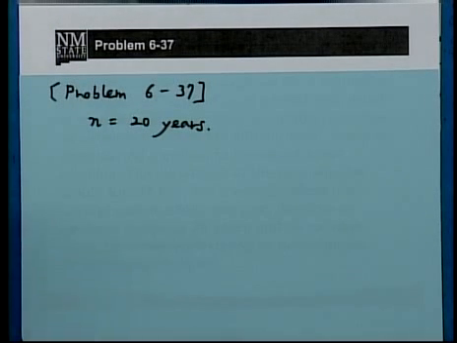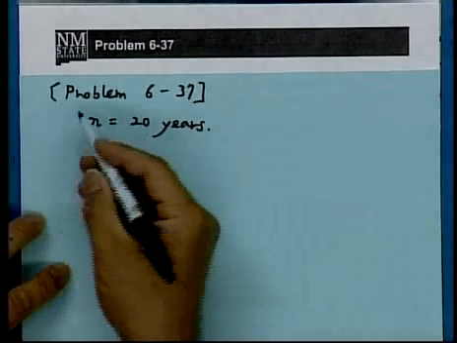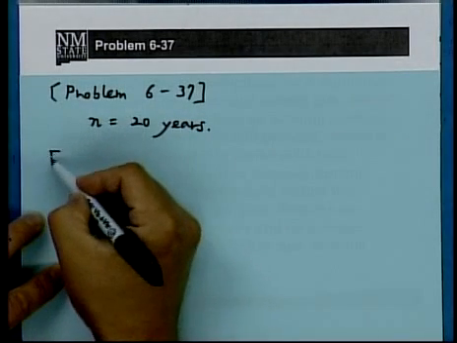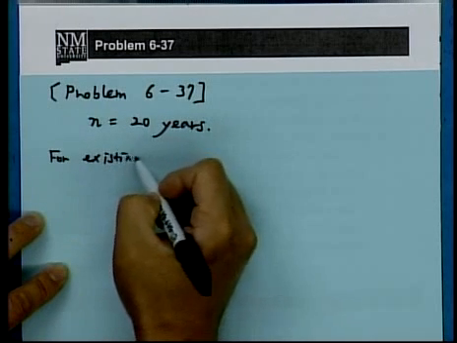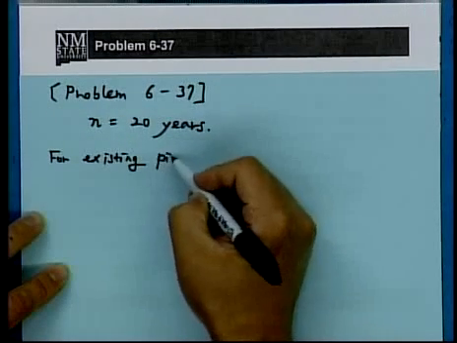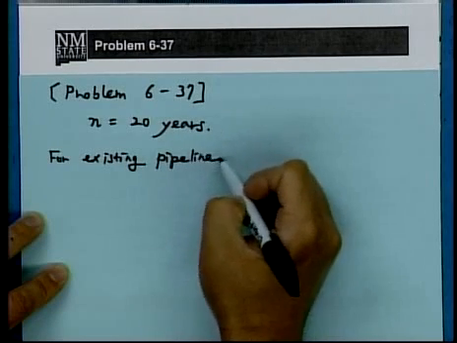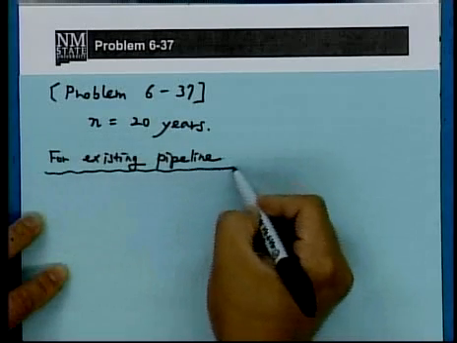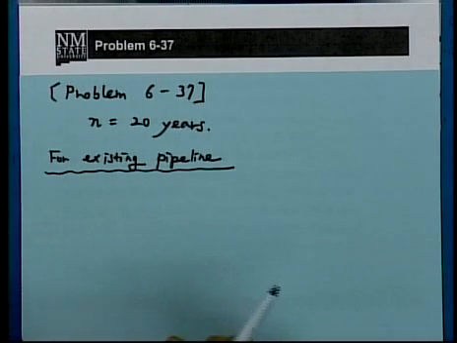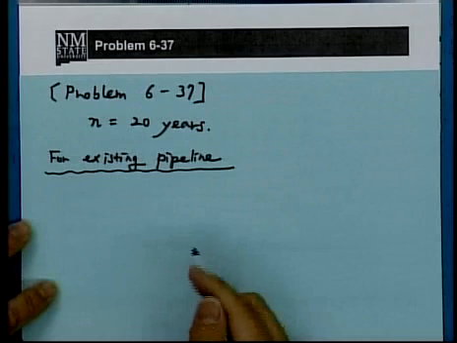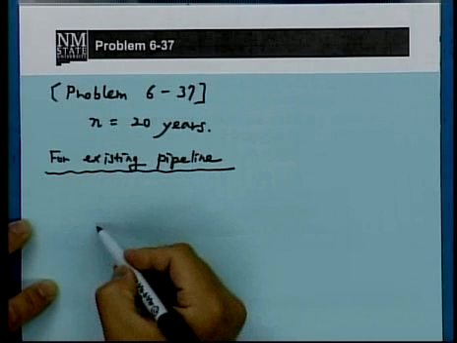For the existing pipeline, the annual cost of $10,000 is required for the next 20 years.